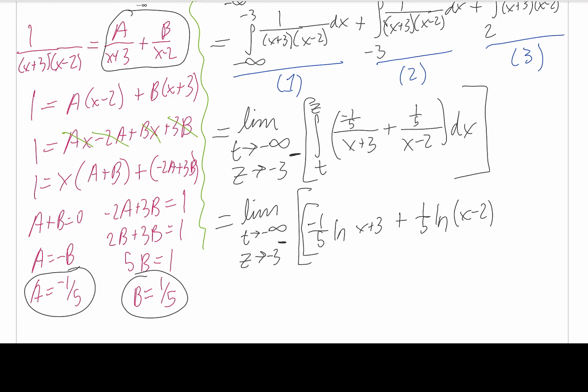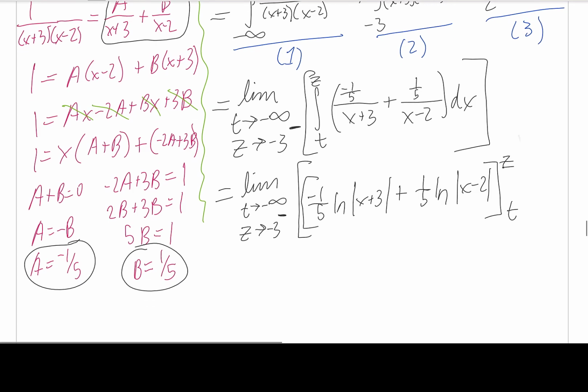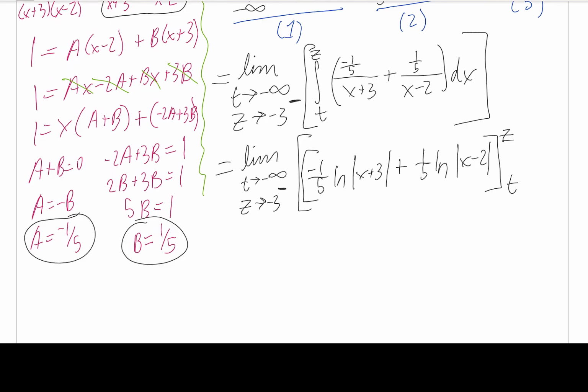And the thing I'm missing here is that when we integrate, we should have absolute value. And this is going from t to z.